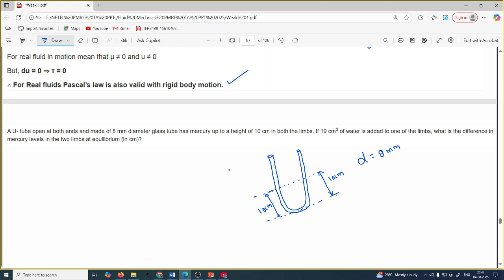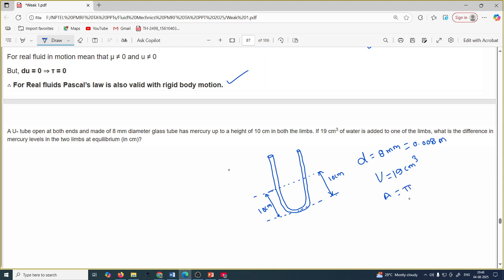Okay. Now if 19 centimeter cube of water is added, which means a volume of 19 centimeter cube, the area you know already. If I write in meters, 0.008 meter.